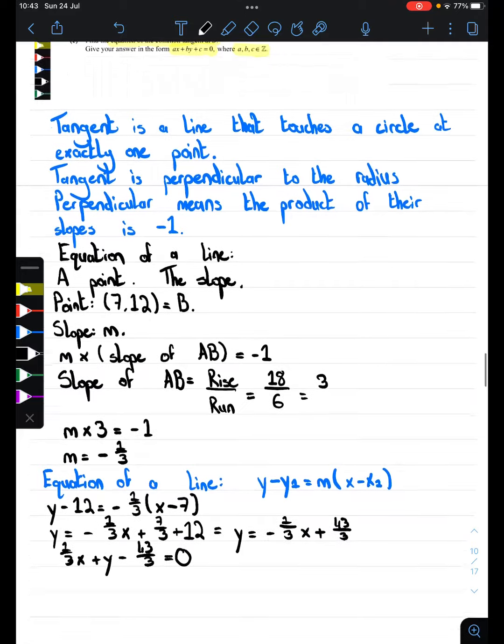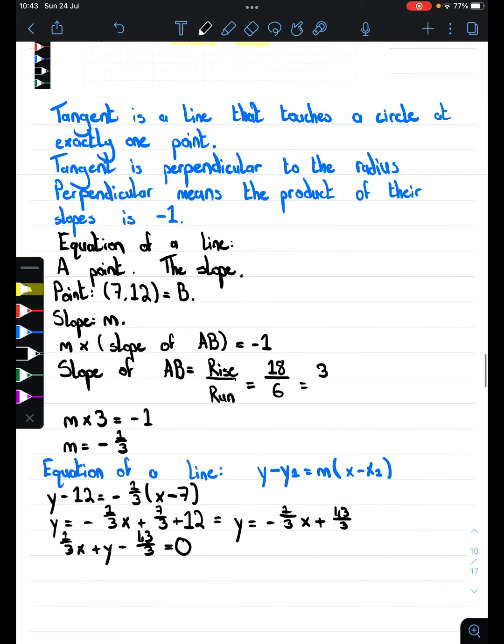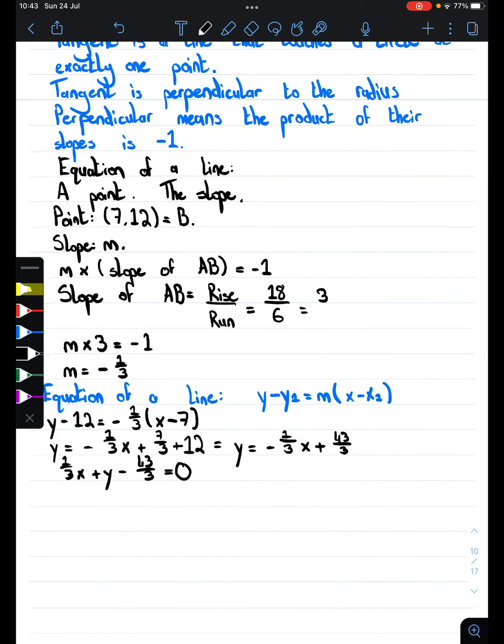And careful, it wants a, b, and c as integers. All right, so let's multiply across by 3. So x plus 3y minus 43 equals 0. And that is the equation that we are looking for in the form that we wanted.